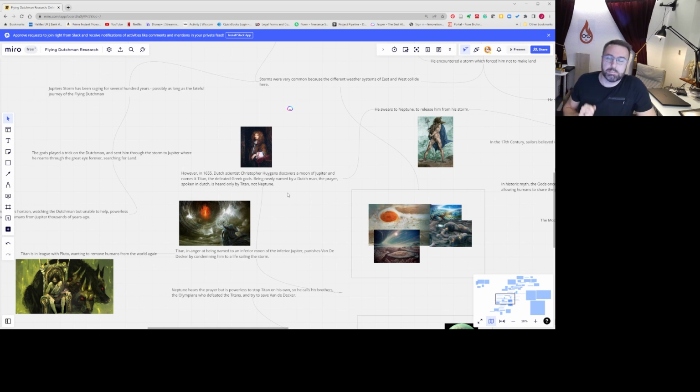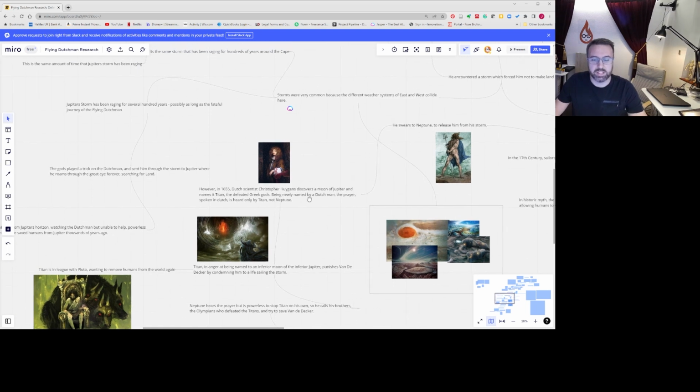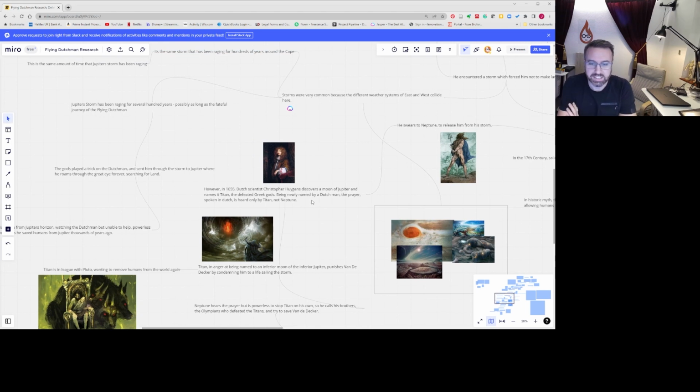The only planet or moon in the solar system that has been named for a god by a Dutch scientist is Titan. Titan, the gods who were defeated by their children. A human being is praying in Dutch to the gods, right over where Titan was defeated. So Titan answers the call, answers the prayer.